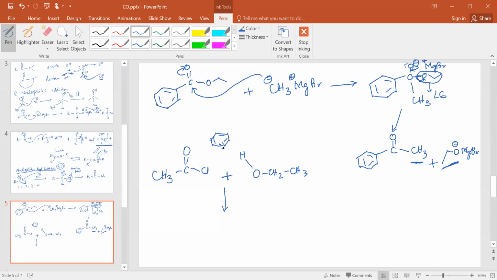Pyridine takes the proton of OH, so the oxygen becomes more nucleophilic and reacts again with the carbonyl carbon. The pi bond goes onto oxygen. All these reactions have the same initial mechanism.